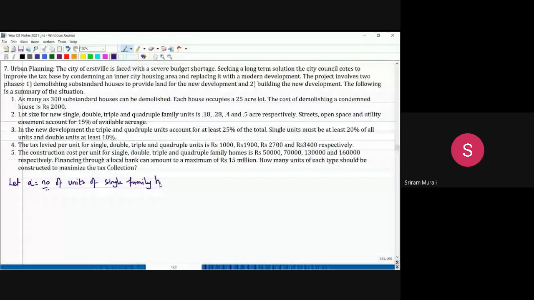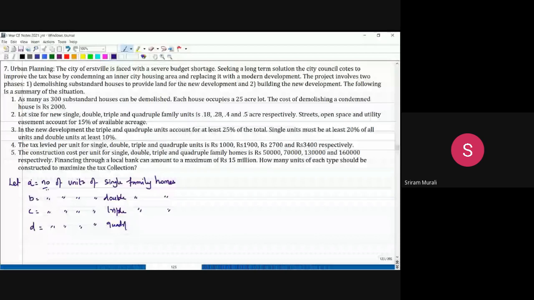B is the number of units of double family homes. C is the number of units of triple family homes. D is the number of units of 4-family quadruple.